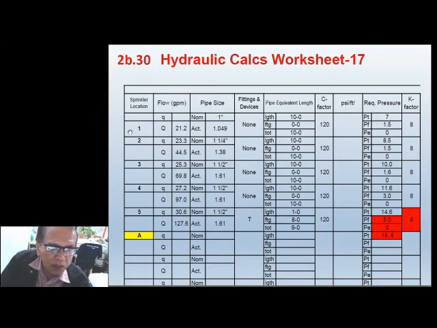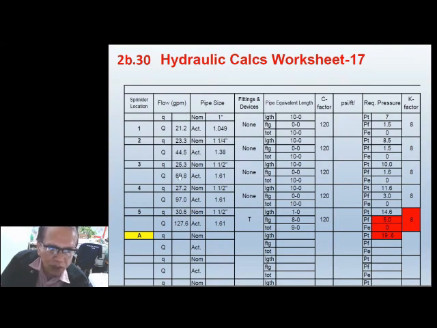This means that sprinkler 1 will discharge 21.2 gallons, sprinkler 2 will discharge 23.3 gallons, sprinkler 3, 25.3 gallons, sprinkler 4, 27.2 gallons, and sprinkler 5, 30.6 gallons.